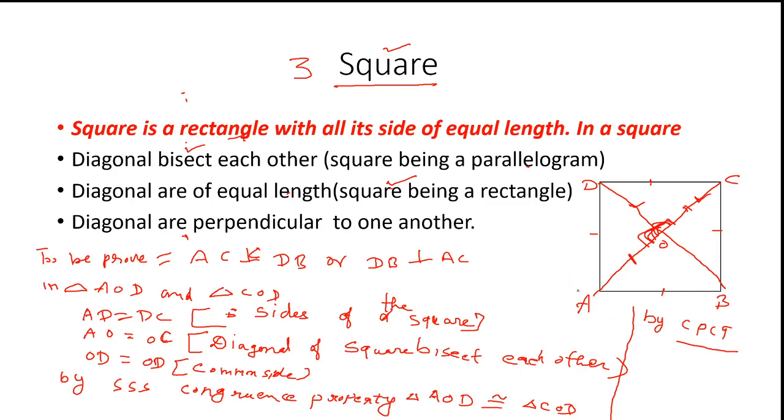In class 7th you have learned what CPCT is. Angle AOD is equal to angle COD, and suppose angle COD and AOD are each X. So angle COD plus angle AOD is equal to 180 degrees, linear pair of angles.